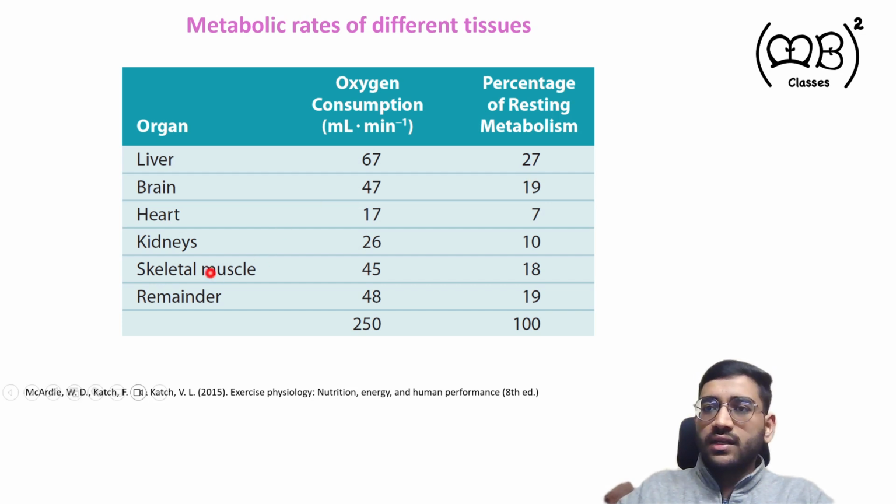Skeletal muscles are much more in weight, but still resting metabolism is less. But what's interesting is that skeletal muscle can increase its metabolism many folds during extreme exercise, but the brain's metabolism does not increase more than 20-22% even during extreme exercise.